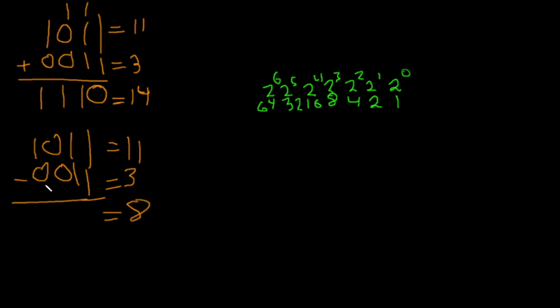What you can see here is this is going to be a lot easier than addition. You can just see which ones will cancel out. So you'll have a 1 and a 1. Those are both gone. They cancel out, and then there's nothing to subtract here, so it's just 1 0 0 0, which is 8 in binary.